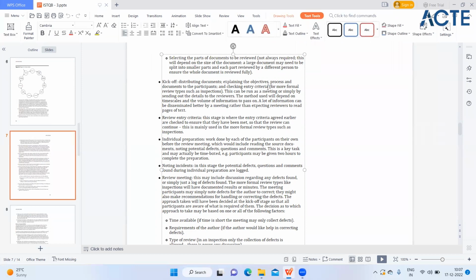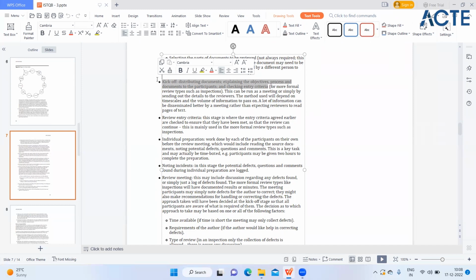See, we are checking the entry criteria in the kickoff meeting. Okay. So this kind of thing maybe you will be asked. So just remember where we are checking the entry criteria: in the kickoff meeting, when the author is distributing the documents to the peers or the participants.